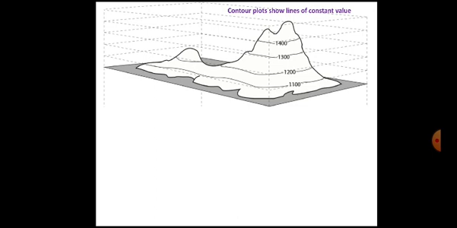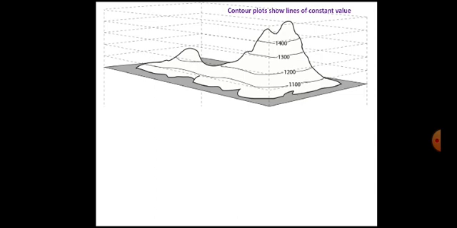But this is a three-dimensional picture. It can be converted into a two-dimensional picture, and that two-dimensional picture will give you the idea about the altitude or the height of this particular hilly area. This is called a contour plot.